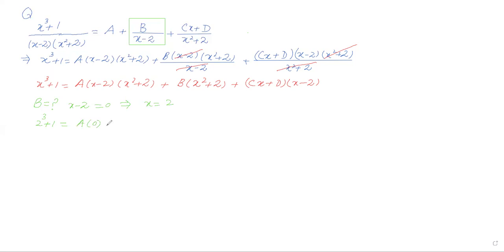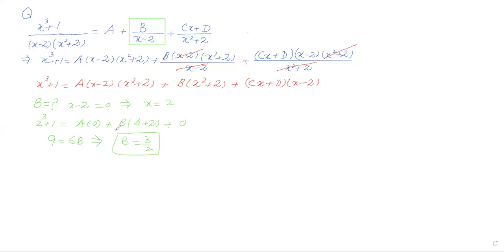When I replace x by 2, b becomes 4 plus 2 and c becomes 0. cx plus d becomes 0. So 2 cube becomes 8 plus 1, 9, and b times 4 plus 2 becomes 6b. The first target I have achieved, the value of b is equal to 3 by 2, if I'm not wrong.